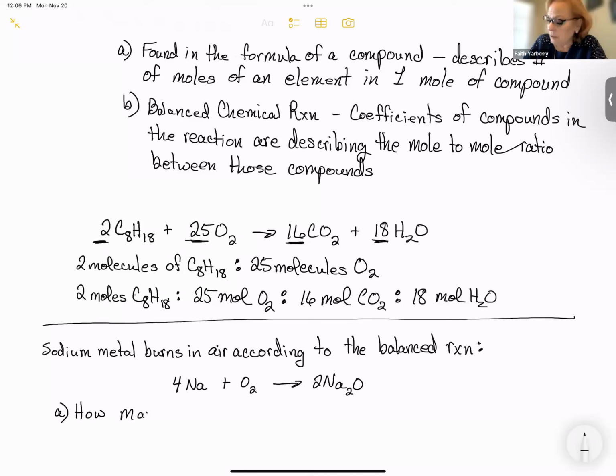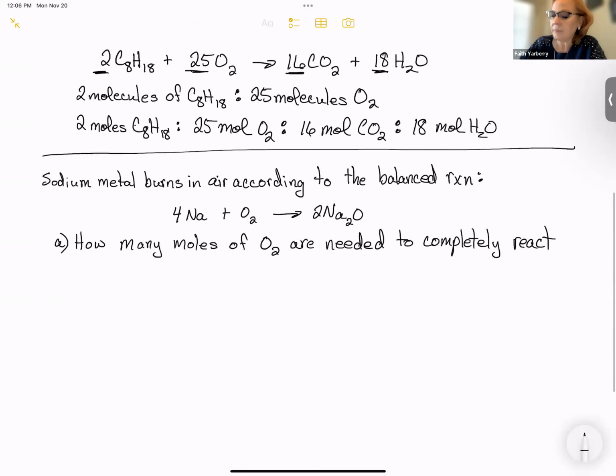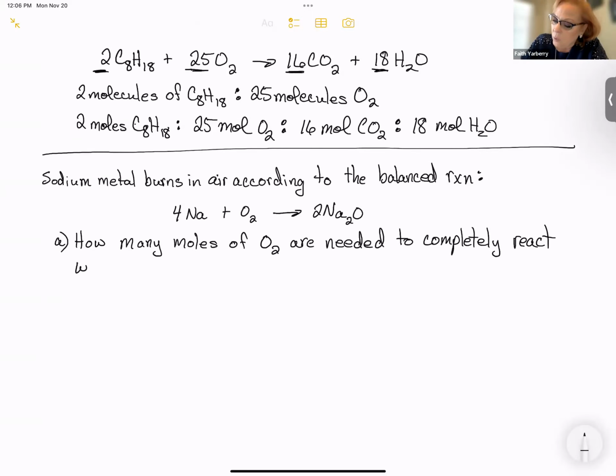How many moles of oxygen are needed to completely react with 9.5 grams of sodium?